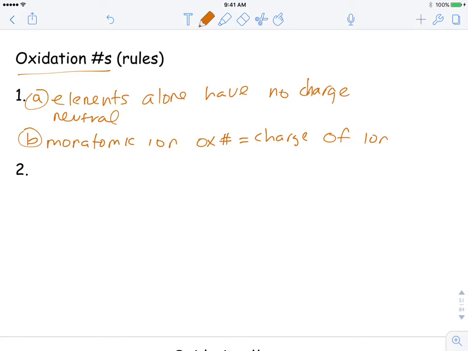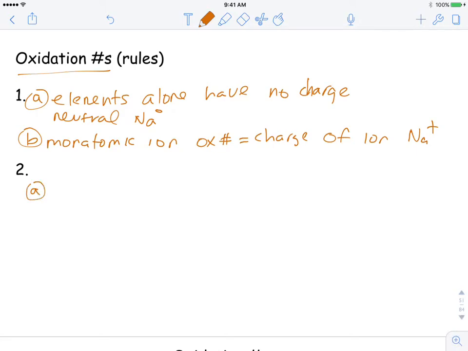So what does this look like? Well, if I had Na by itself, the charge would be 0. If I had Na+, then the charge would be +1. Well, what happens if I have a compound? Well, if I have a compound, we could have a few different situations going on here.